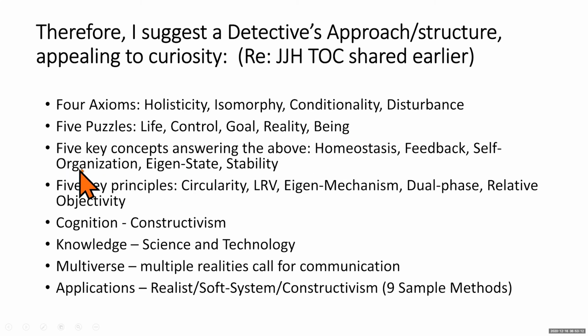So I put it in 5 puzzles. And then the 5 puzzles lead to 5 key concepts answering these puzzles: homeostasis, feedback, self-organization or auto-organization, eigenstate, and stability. And then leading to some important principles that our students need to know, not we treasure diggers, but the students.